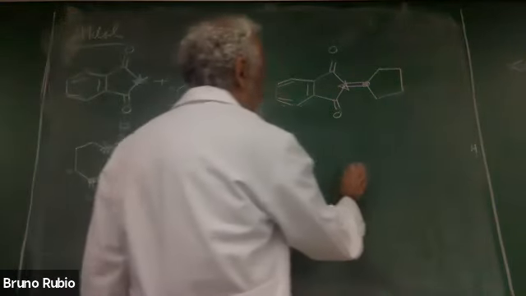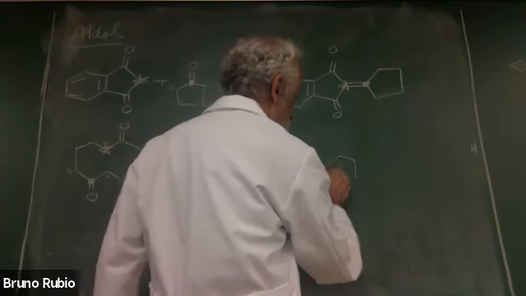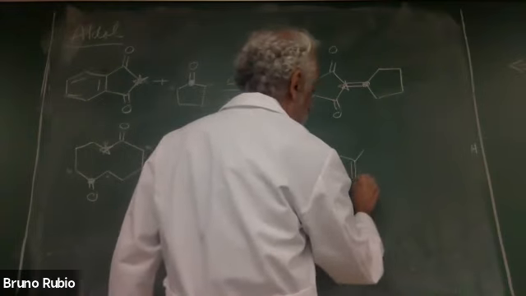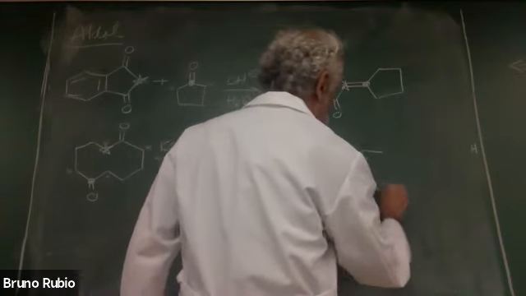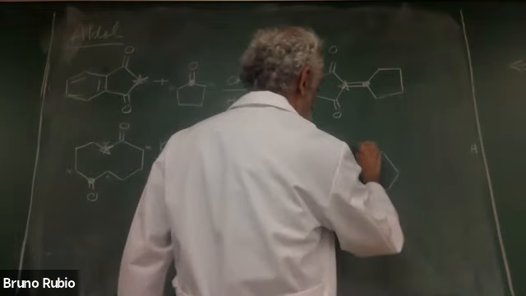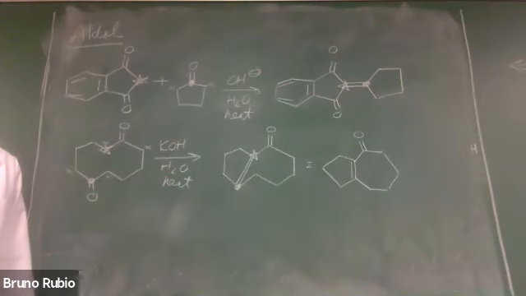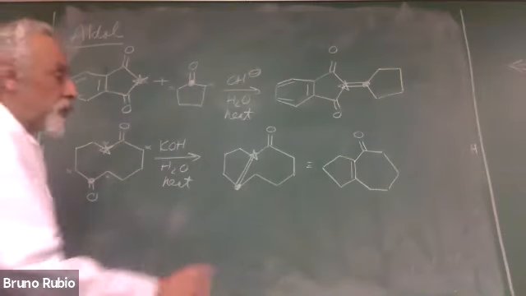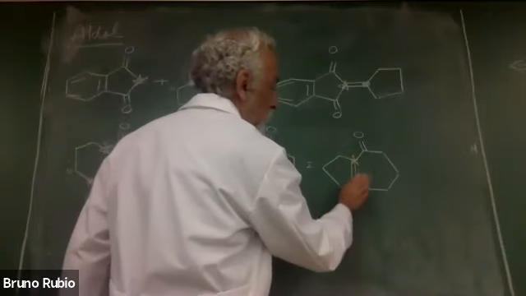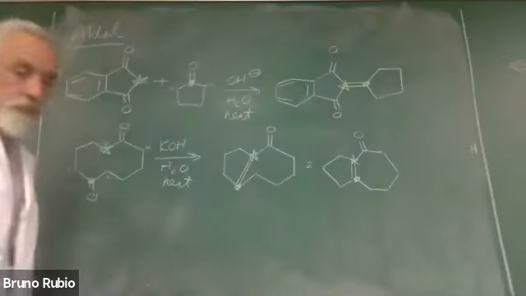So this could also be drawn a little bit prettier, looking something like that. So that would be the product of this reaction, with a double bond in between the star and the dot.